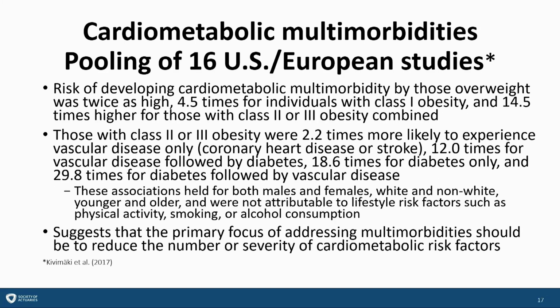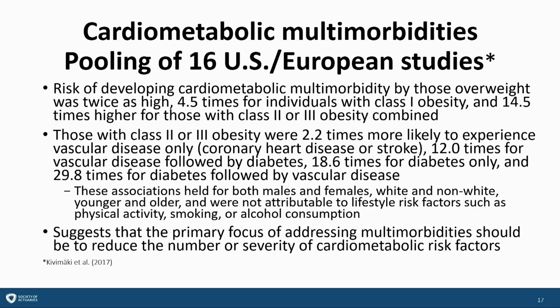But one really interesting study that came out was a pooling of 16 studies in both North America and Europe. The risk of developing a cardiometabolic multimorbidity for those overweight was twice as high.